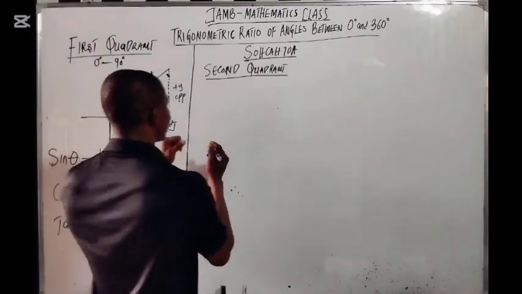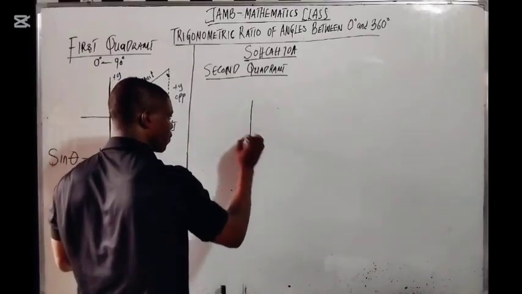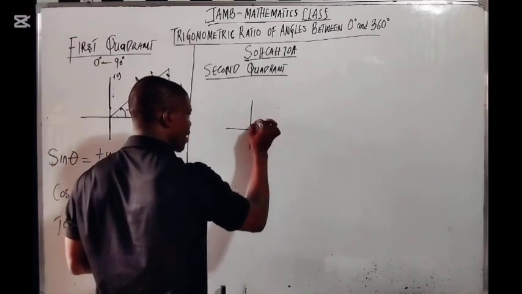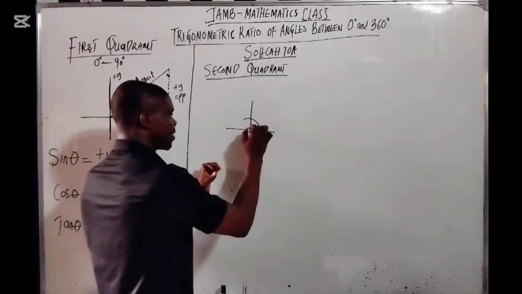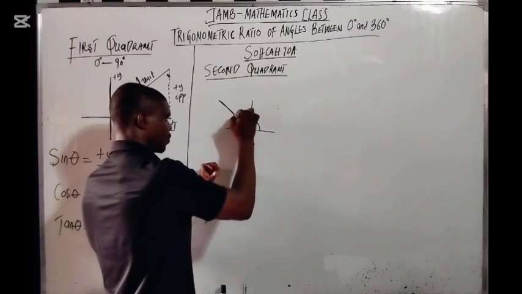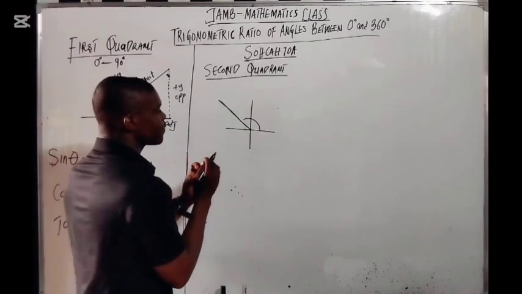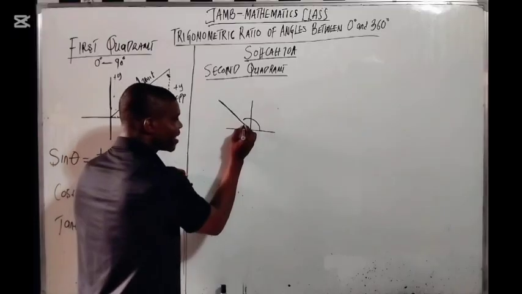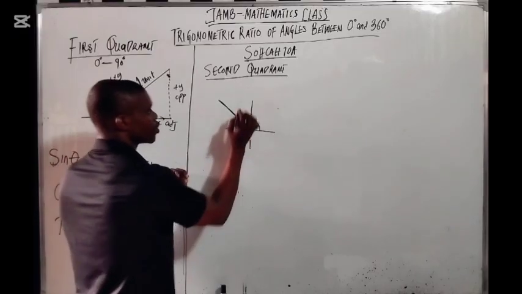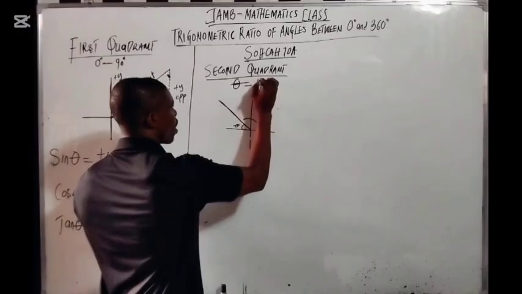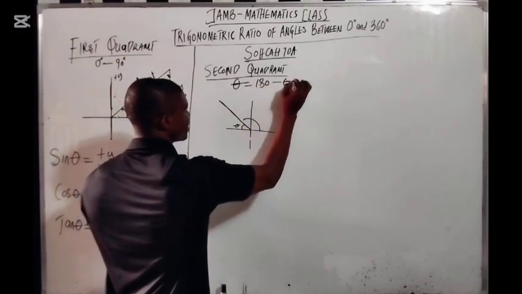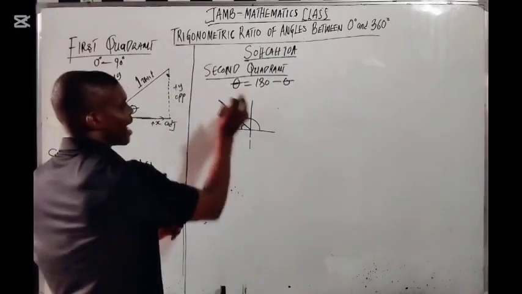So from here to here, what I'm actually looking at is this point here. To get this angle here, the angle is going to be equal to 180 minus theta. That is the angle.